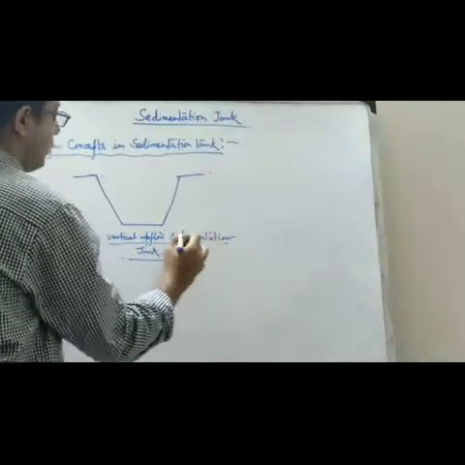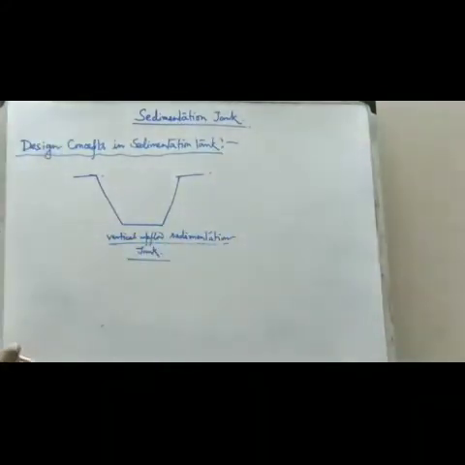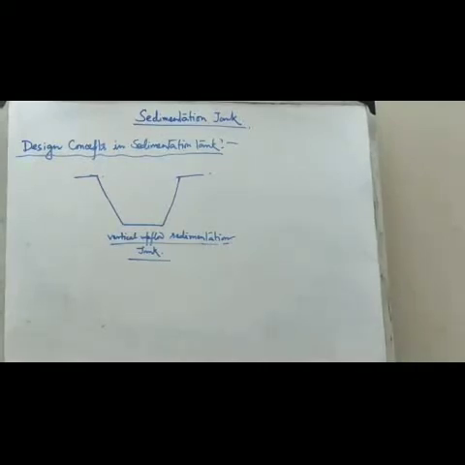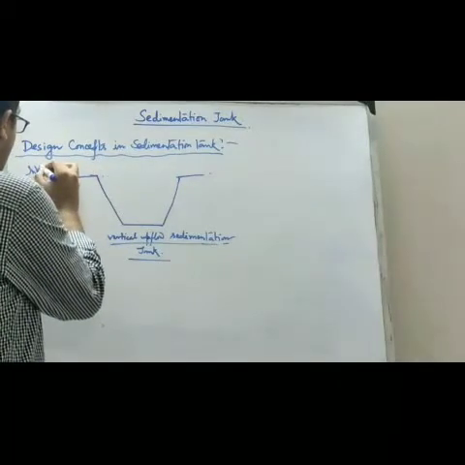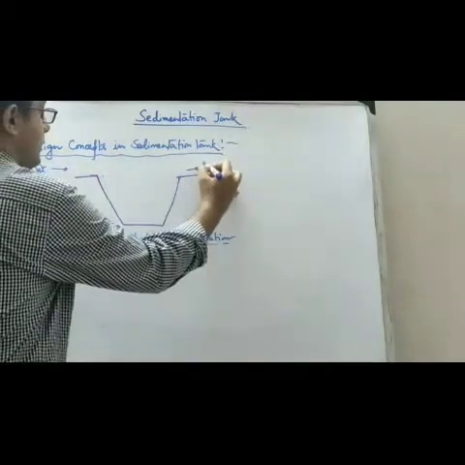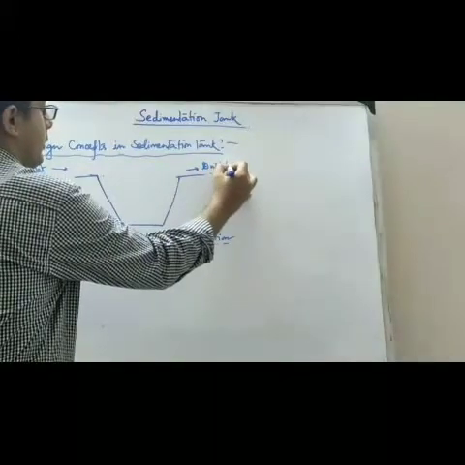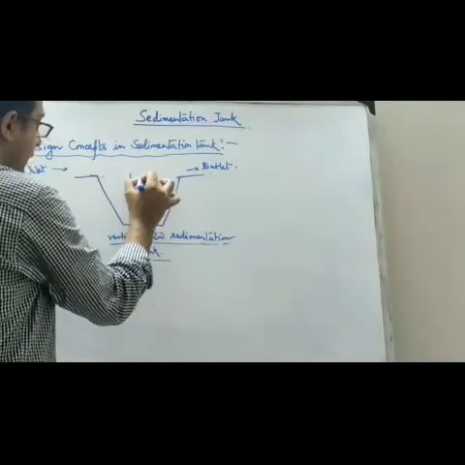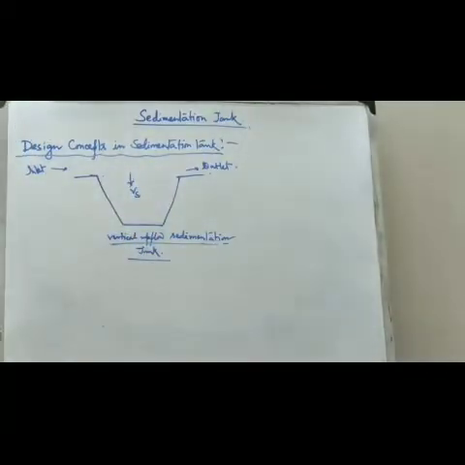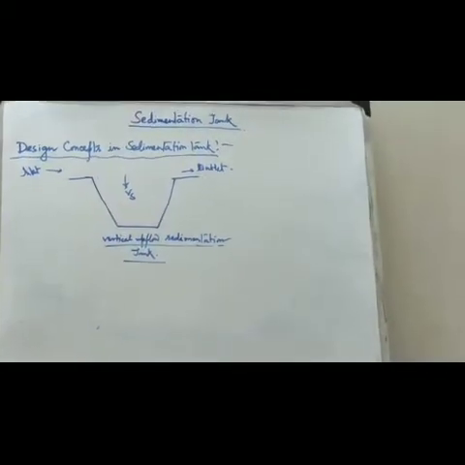There are two types of velocities here. Suppose this is the inlet and this is the outlet. The first one is the settling velocity, by which the particle can settle down.